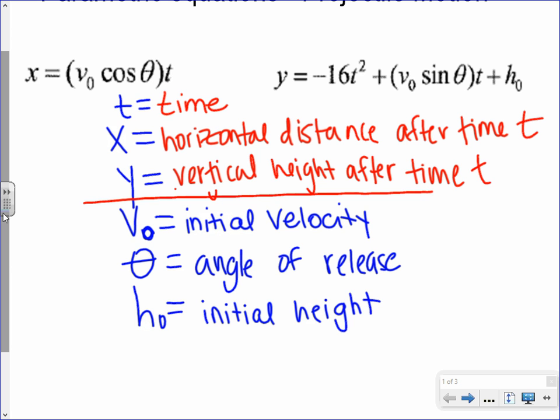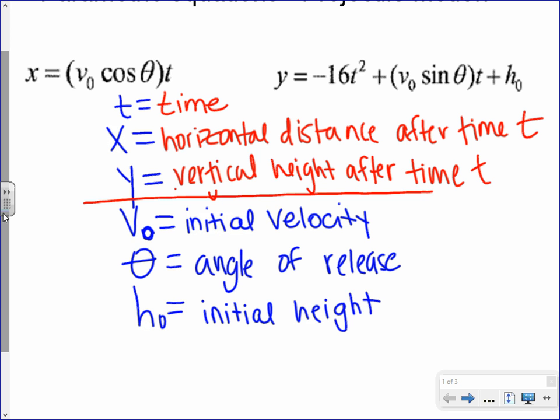So what we're going to do, I'm going to give you a scenario, and we're going to find a bunch of different things. There's 1, 2, 3, 4, 5 questions that I can ask about one scenario. Then I have a worksheet for you where we're going to do one problem together, and then the rest will be yours. So you know how to work with parametric equations.